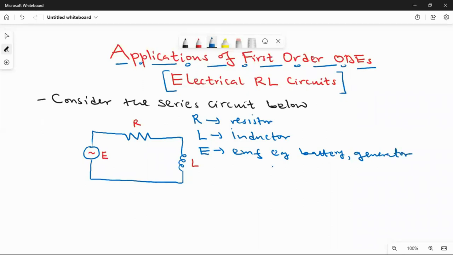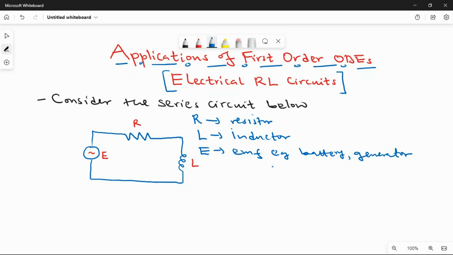So that is a series circuit. It consists of EMF, resistor, and inductor, as you can see from the diagram.